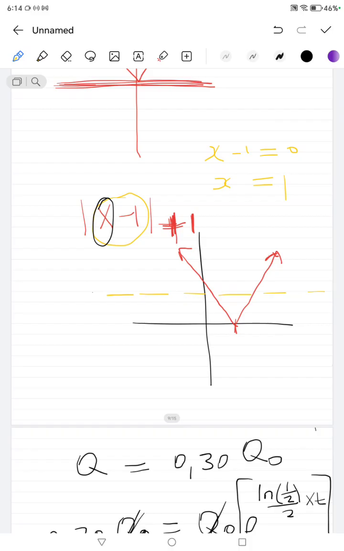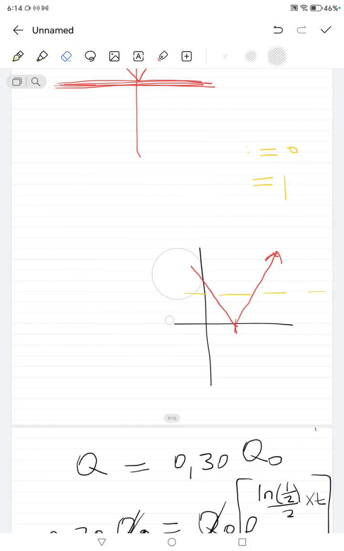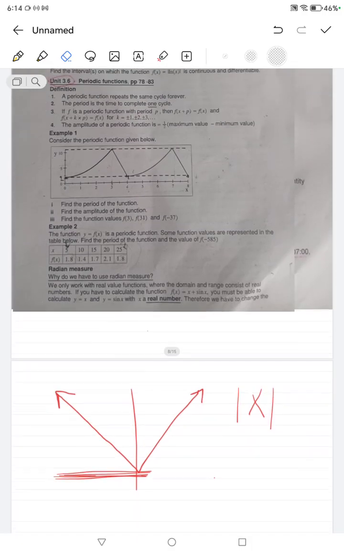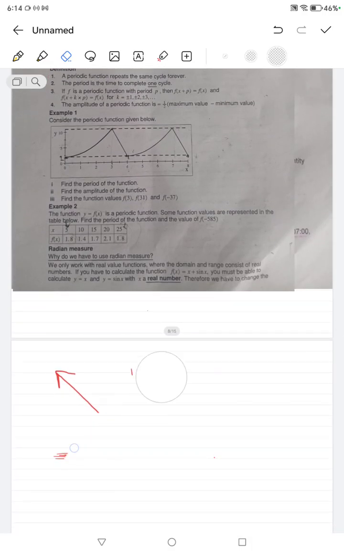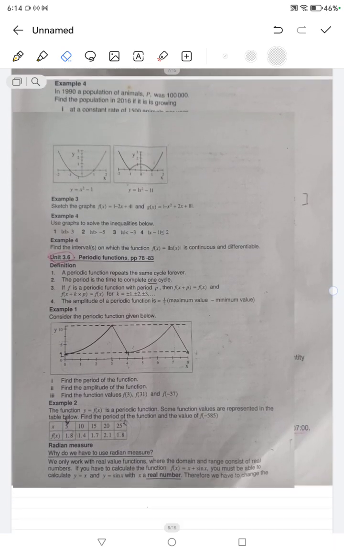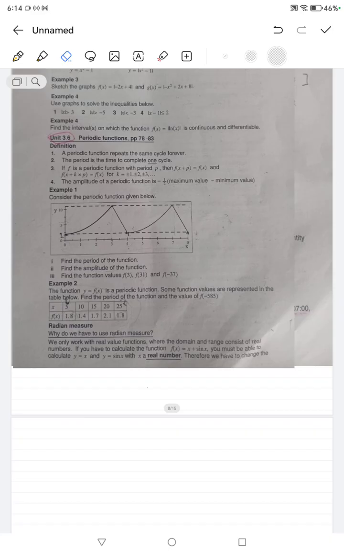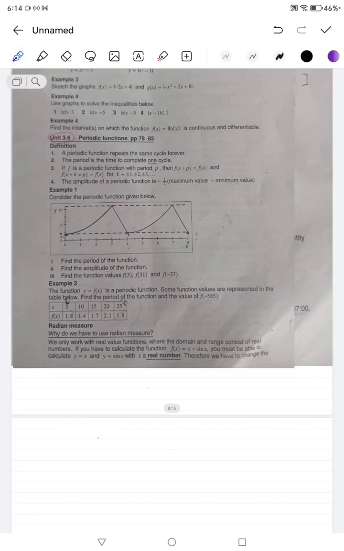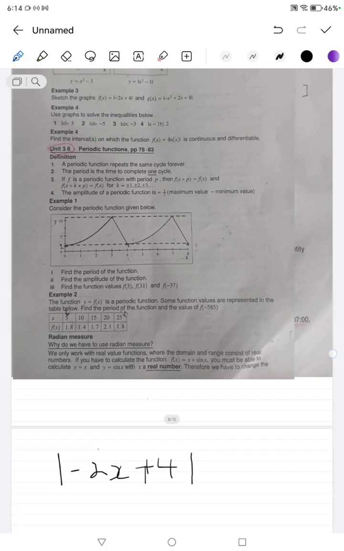So yeah, like that. You'll just get the hang of it as we're busy doing some of the questions, which I think are also straightforward. So what we have is minus 2x plus 4. Then we have to sketch the graph.